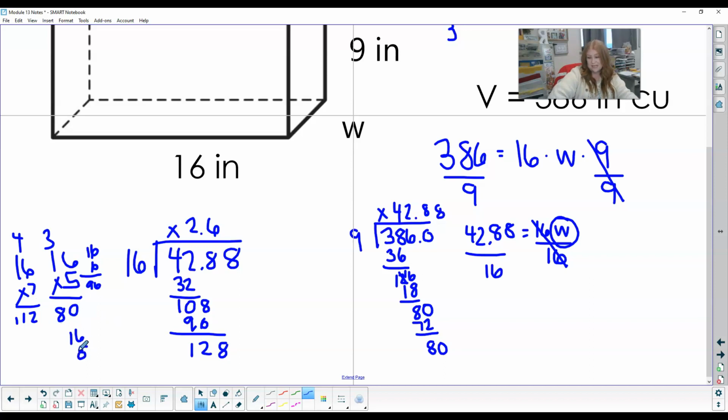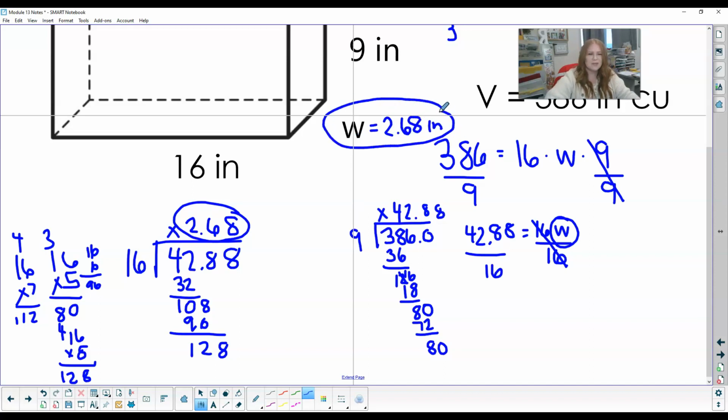Okay, 16 times 8. Oh my goodness, is it going to go in there? Perfect. Yes, 8 times. All right, our width is 2.68 inches. Bam, there we go.